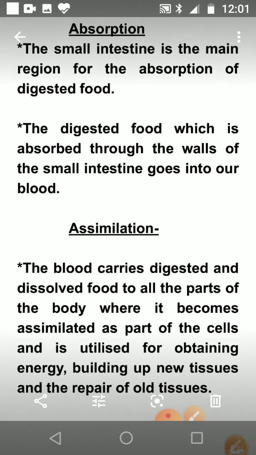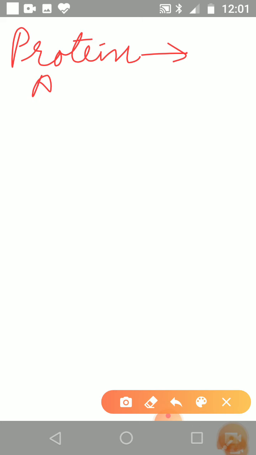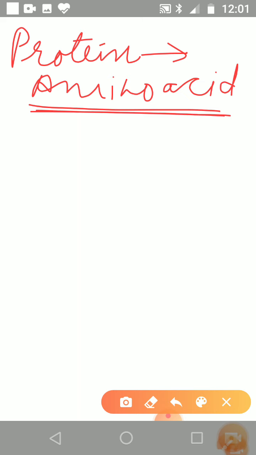Absorption takes place, and then assimilation takes place. Then what happens with that food? After the food is completely digested, what is the end product? Okay, so the end product of protein is amino acid. This is the end product, and amino acid is the simplest form of this complex protein.